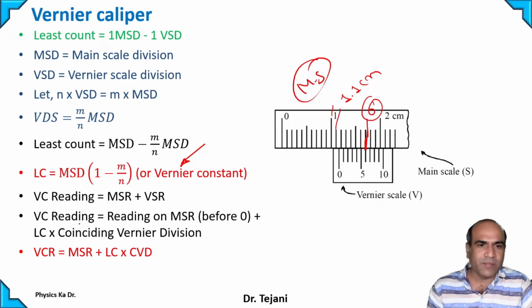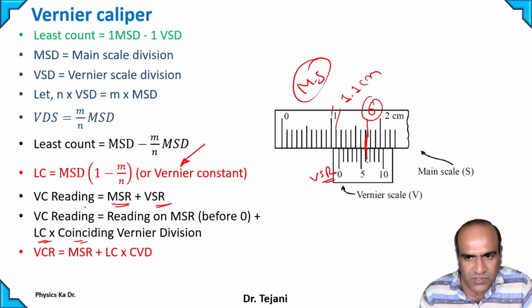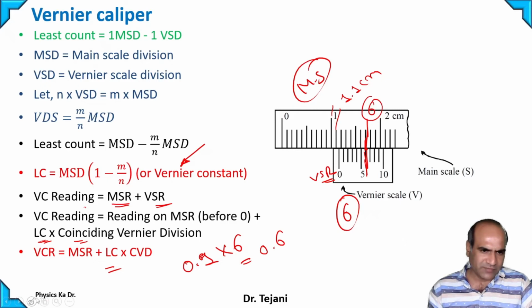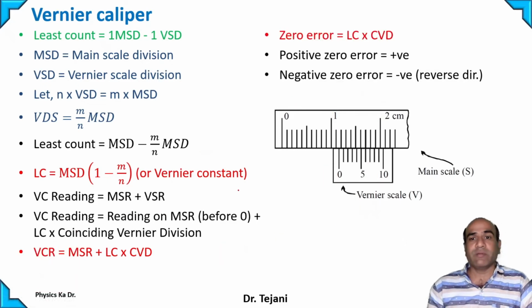So the equation is: Vernier reading is equal to main scale reading plus Vernier scale reading, VSR. VSR is equal to least count multiplied by the coinciding Vernier division, the division which matches with the opposite one. So the sixth is matching here. So if the least count is, say, 0.1, multiplied by 6, the Vernier reading becomes 0.6, for example. So you need to remember that.